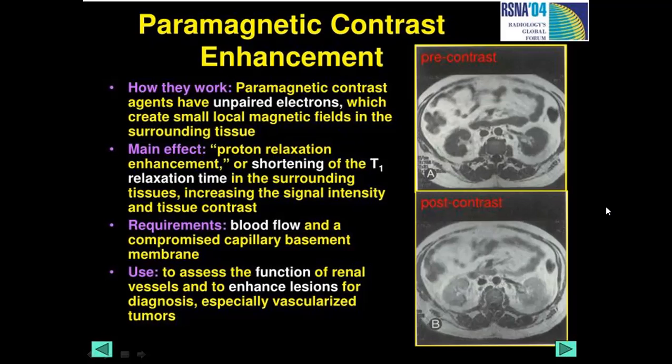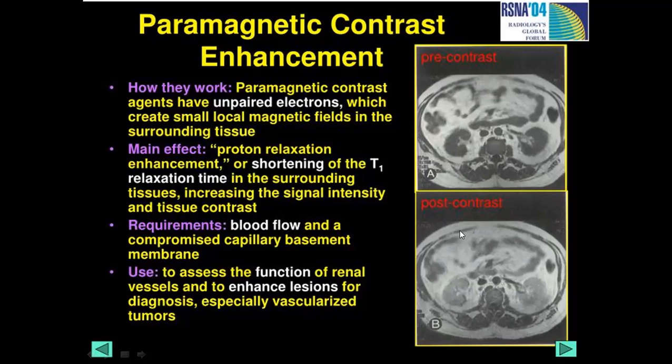Normally, the areas of our interest, in this particular case, kidneys, are dark on T1 images.